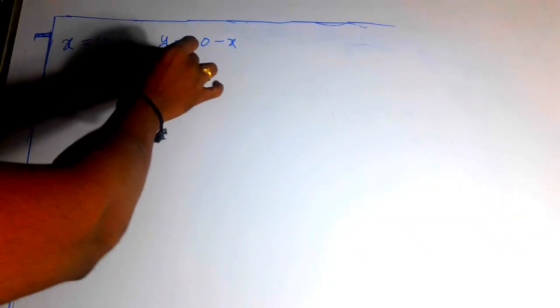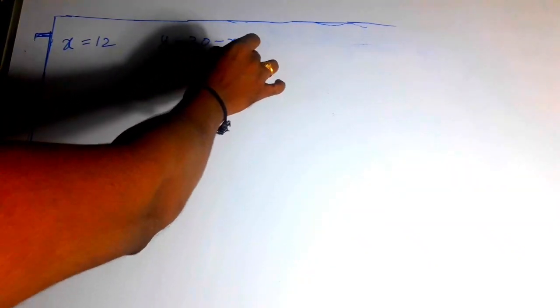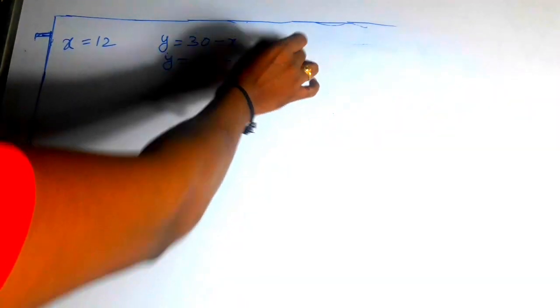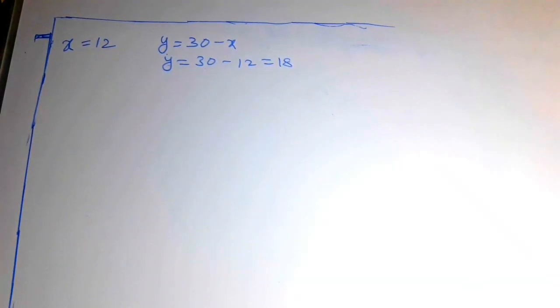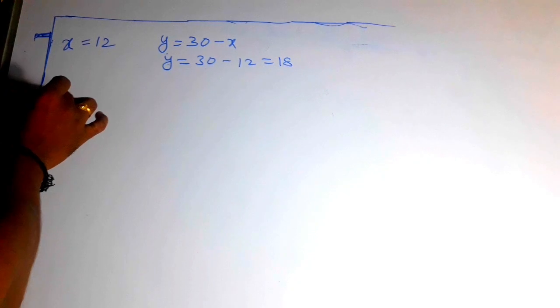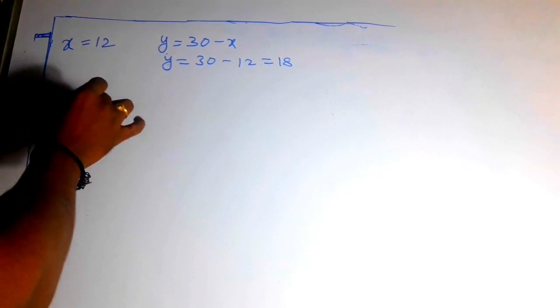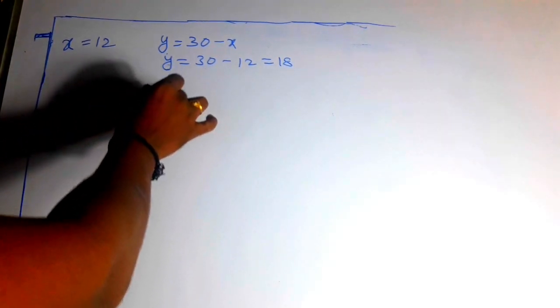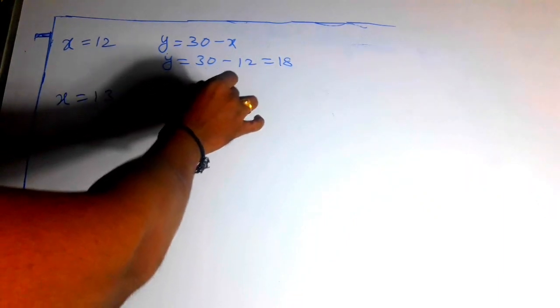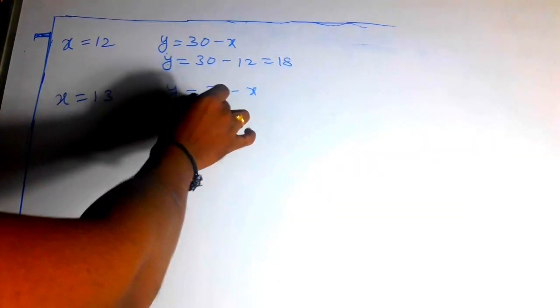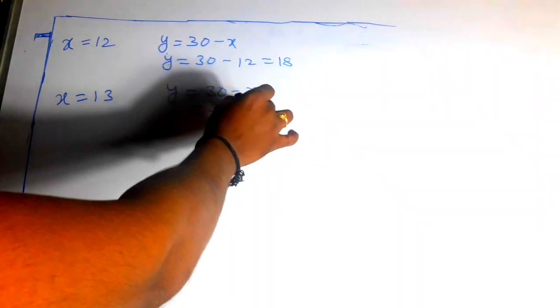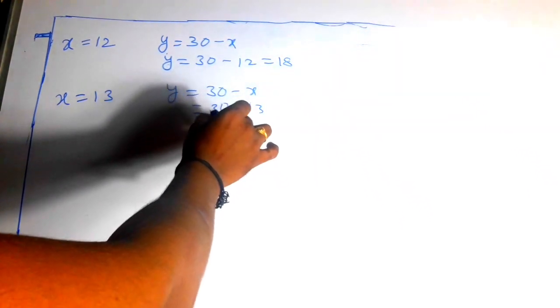So y is equal to 30 minus 12. That is 18 marks in English. If she got 13 marks in maths, English marks is equal to 30 minus 13, that is nothing but 17 marks.